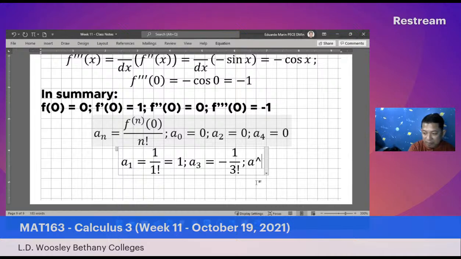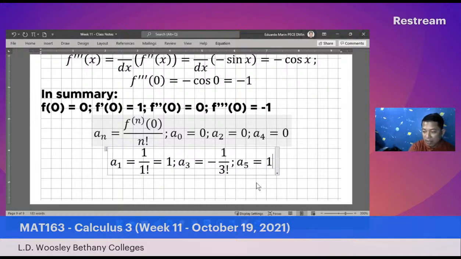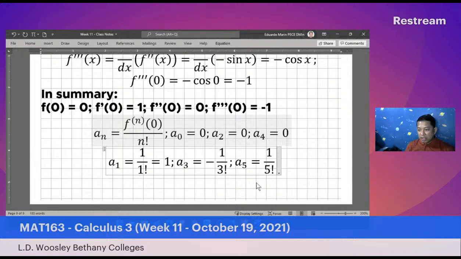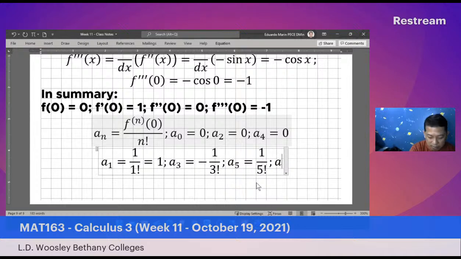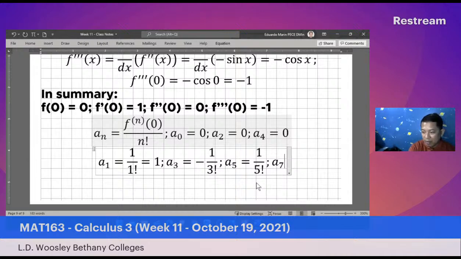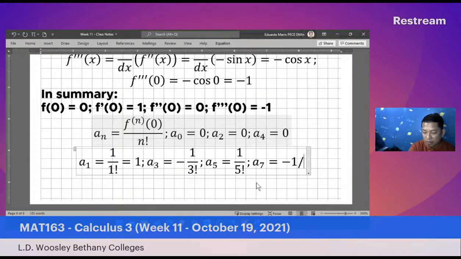Pagdating sa a sub 5, guys, babalik uli yan sa a sub 1, so that would become 1 over 5 factorial, etc. Pwede pa natin pahabain yan, a sub 7. Following the pattern, magiging negative uli siya, so negative 1 all over 7 factorial, etc.